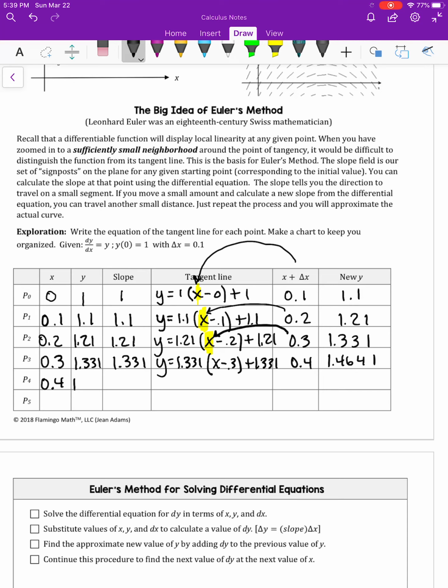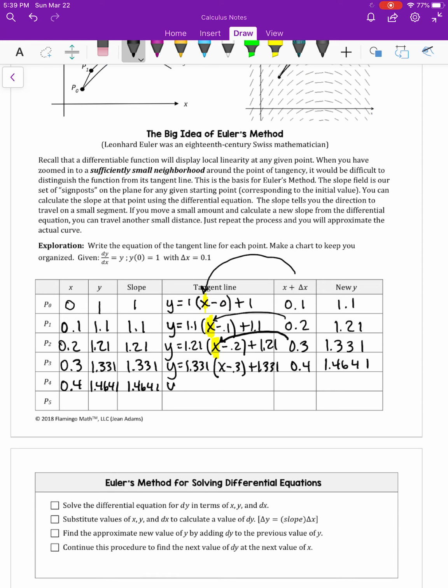But as I'm increasing here, you can see that whatever I get over on the right, I'm just rewriting it over on the left and then calculating my slope, although there wasn't much of a calculation for this particular problem because it was just my y value to find my slope, whereas on other problems it's not going to be that easy.